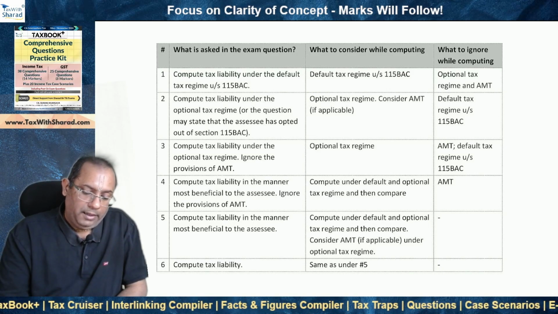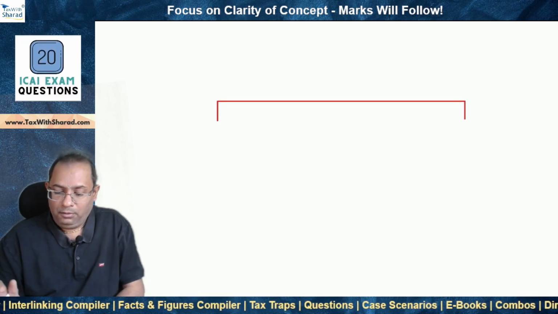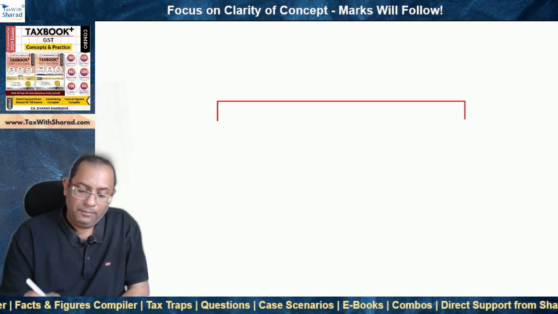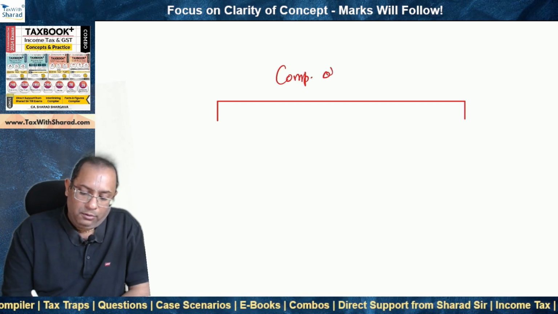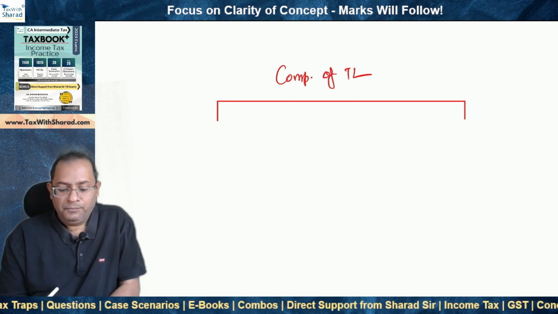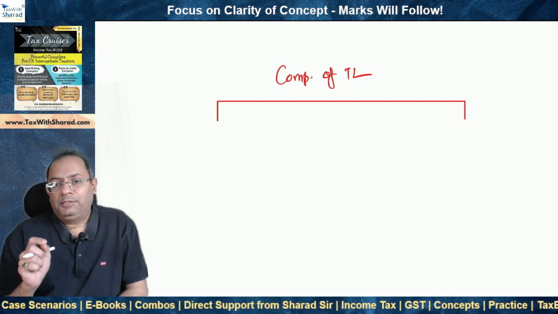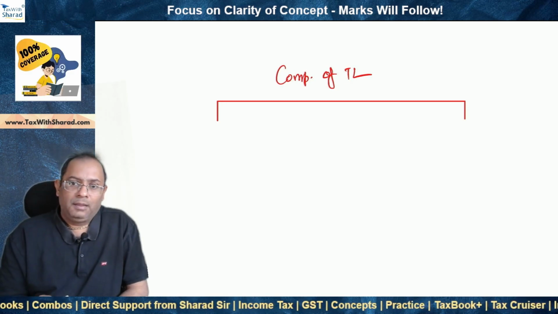Now, before I do that, I would just like to recap a few basics, which I'm sure you are already aware of, but it will be useful to recap right away. When we are talking about computation of tax liability, you know that the computation can be made as per two tax regimes which are applicable under the Income Tax Act.